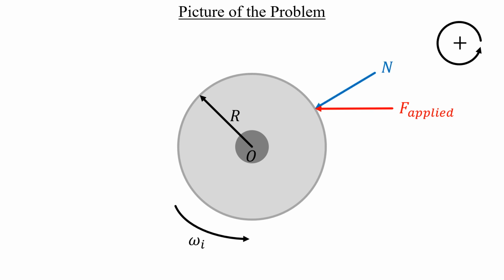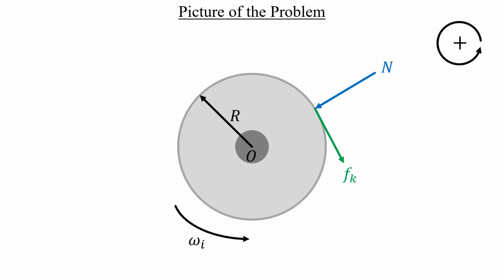A normal force component that acts perpendicular to the rim, and a frictional force component that acts tangential to the rim and points in the direction that's opposite to the rotational motion. The normal and kinetic friction forces are really all that we need in this problem, so we can throw away this original applied force vector to free up some space.